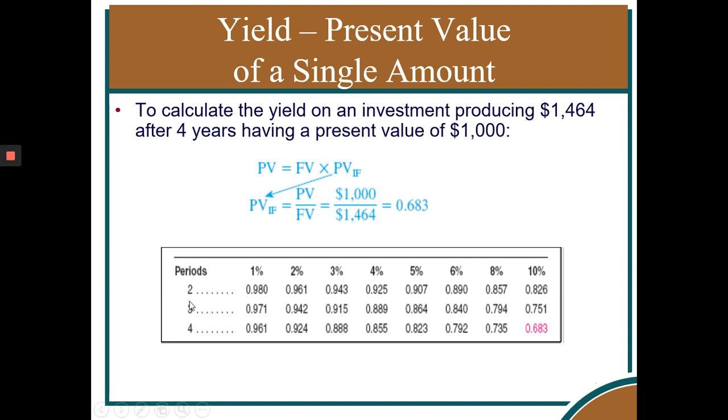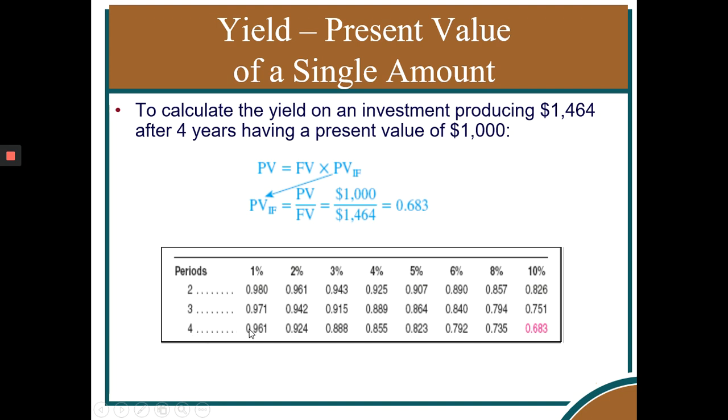So you know the period is 4, then you need to find the interest. How do you find the interest? You need to find this number 0.683 in the entire row of number 4.